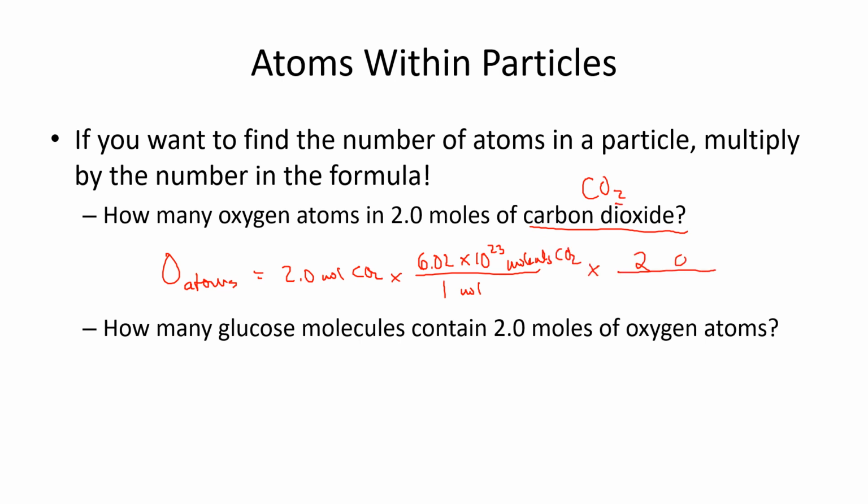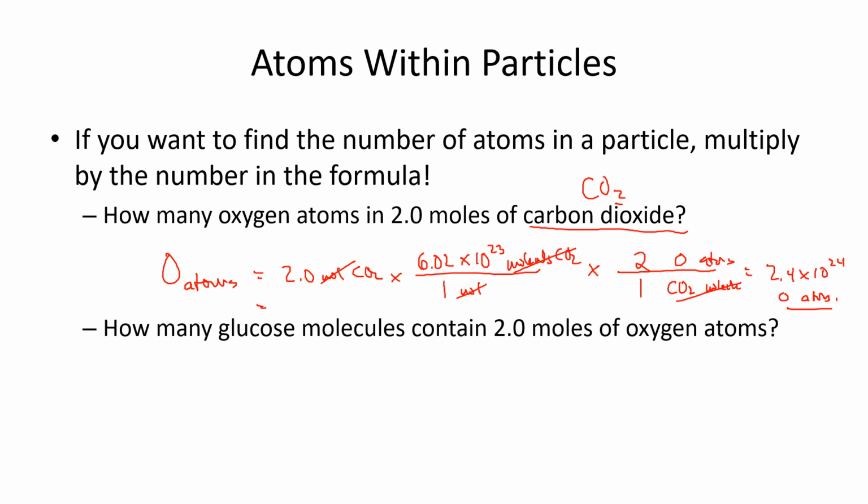You're going to get 2 oxygen atoms for every 1 CO2 molecule. And then you'll end up with your oxygen atoms, right? Molecules will cancel out, moles will cancel out, and you'll end up with what you looked for. So let's do this. 2 times 6.02 times 10 to the 23 times 2 equals, well, look at that. That's 2.4 times 10 to the 24th oxygen atoms.